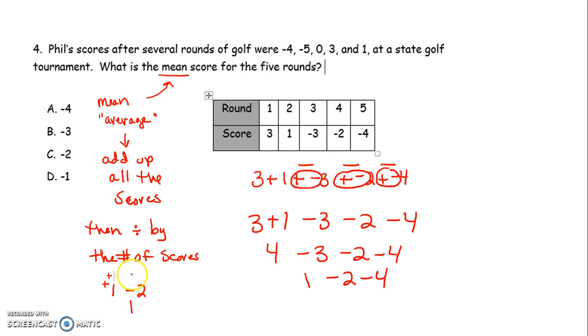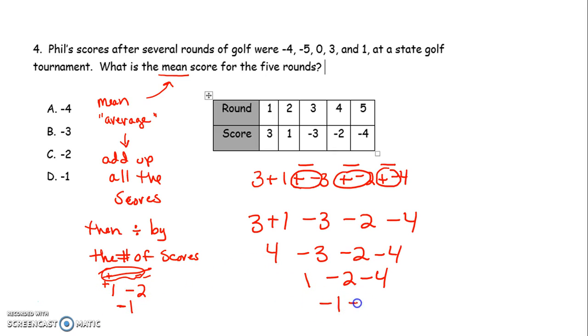I only had 1 positive and 2 negatives. That means I had more negatives, so my final answer is negative. If you take a look, you have 1 negative left over. If you just have 1 positive, 2 negatives, there's still 1 negative left over. Signs are different. Find the difference. Keep what you have more of.